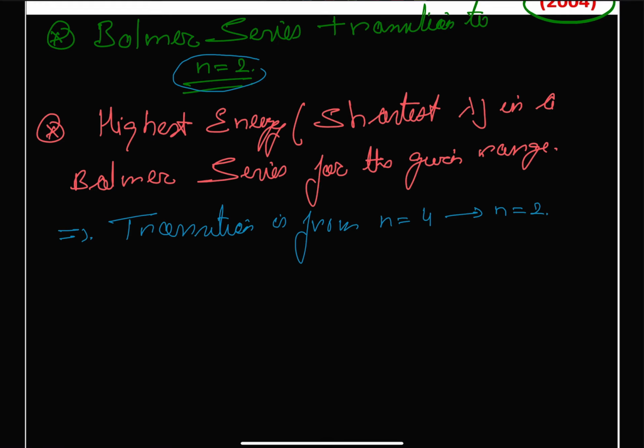So we can say E of 4 will be equal to minus 13.6 divided by 4 square, and this will be giving us minus 0.85 electron volt.